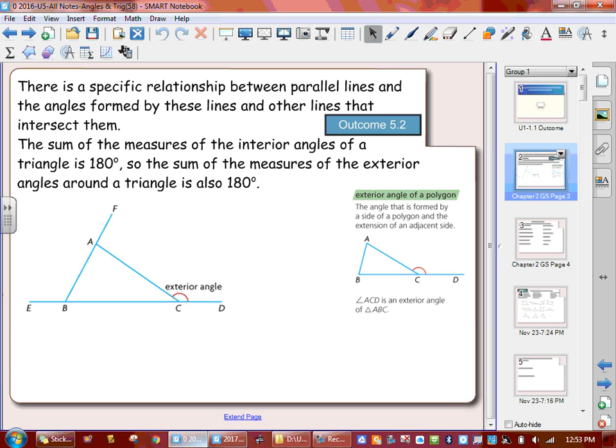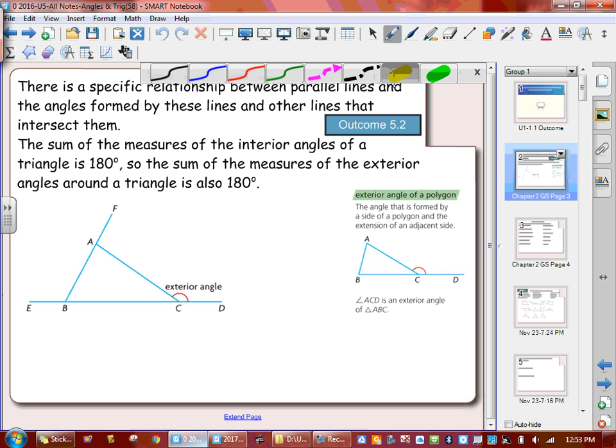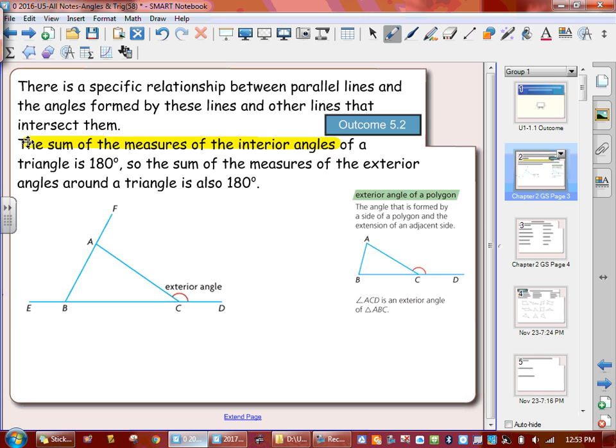So first of all, we have to remember one of our key concepts: the sum of the measures of the interior angles of any triangle adds up to 180. Okay, so that's one of the principles we have to remember. So a triangle adds to 180, and also the exteriors of the triangle will add to 180. Okay, and we also find that any straight line will add to 180.